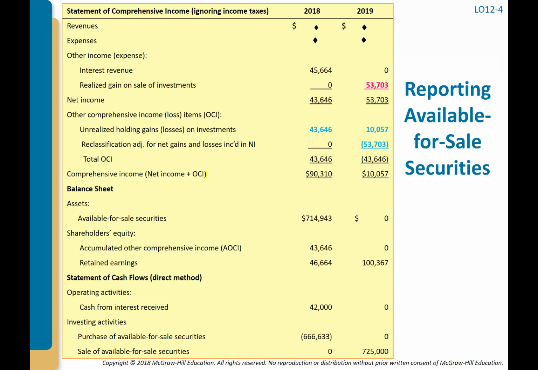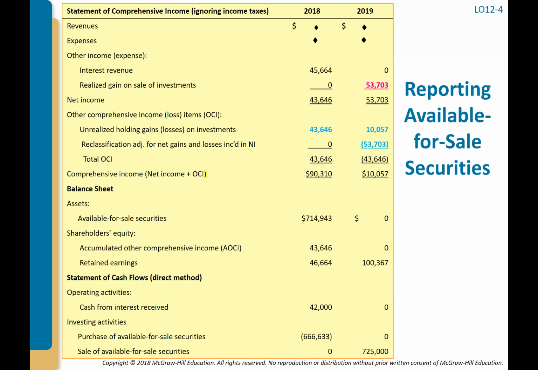That's that 10,057. That was that incremental piece. But what happens? All of that now needs to come out of my accumulated other comprehensive income because it's going to go into retained earnings now, isn't it? So that was the reason for that reclassification adjustment, which was to get everything out of my accumulated other comprehensive income.